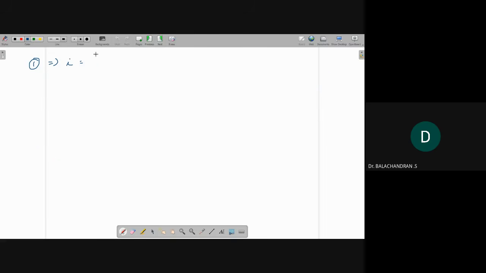E by R square plus L square omega square into R sin omega t minus omega L cos omega t.